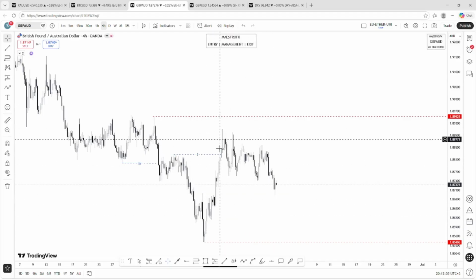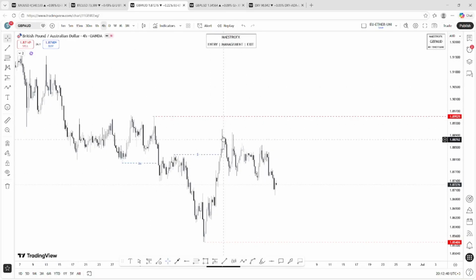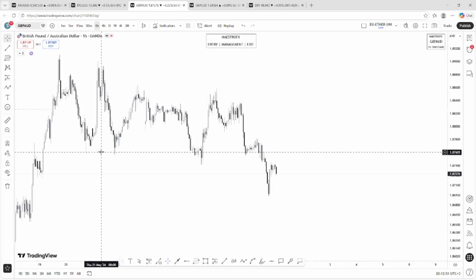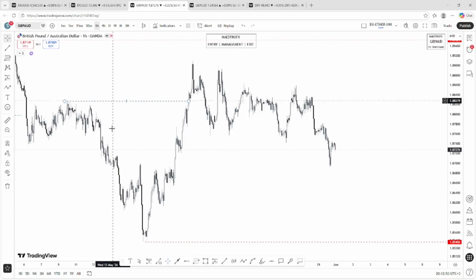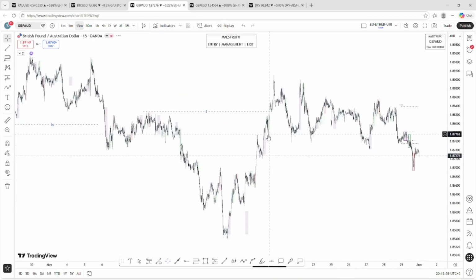Price retraced to the extreme levels, and as usual, whenever we get this swipe of liquidity, we wait for confirmation and change of character on the lower time frame before we take any trade. Specifically, I took these trades from the 15-minute time frame.